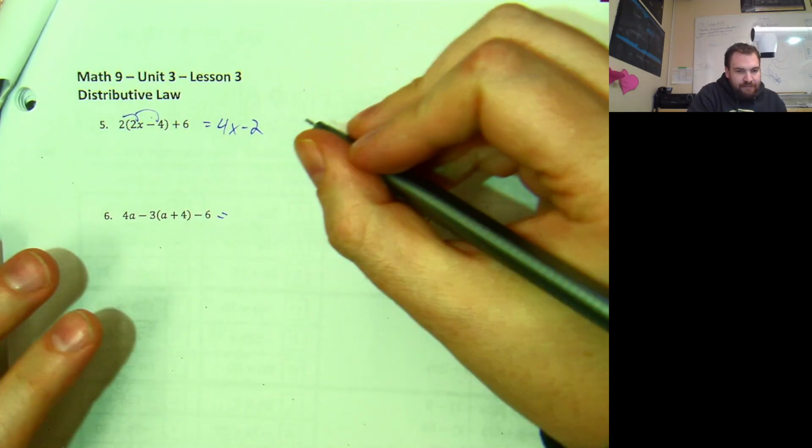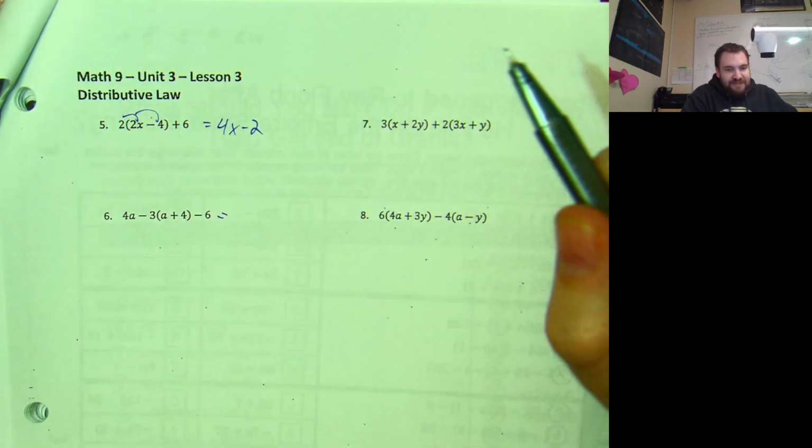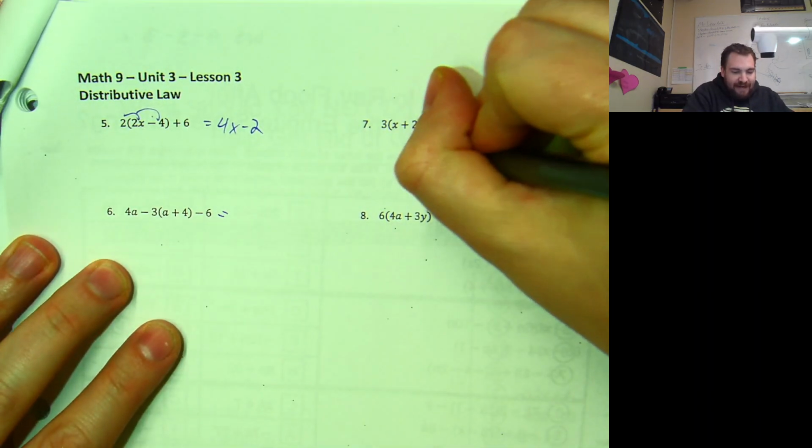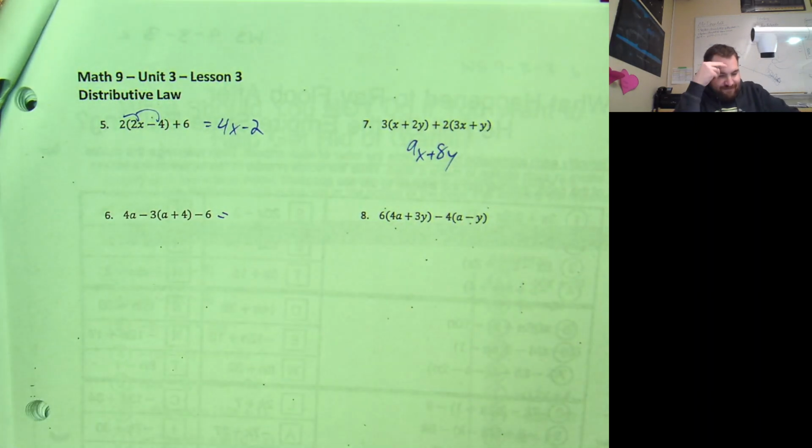Number 6. Just Angel, yes. Say again. That's not number 6, that's number 7, but we'll do it. 9x plus 8y. Okay, does anyone have a question about how Angel did number 7? Okay, there's lots of conversation, but there's no questions about number 7? Yes? We're good?